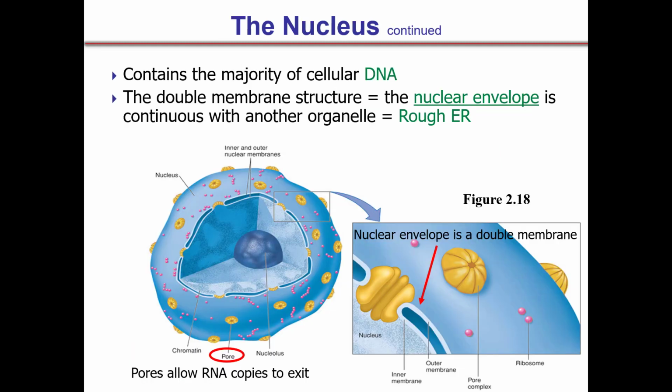This is figure 18. And you can see with the big red arrow here in this call-out box, the nuclear envelope is a double membrane. So the red arrow is pointing at that double layer of a phospholipid that we looked at earlier. So this nucleus is impenetrable. You don't want any damage to your nucleus.